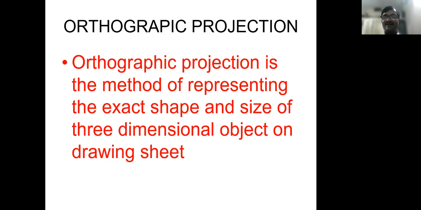In orthographic projection we represent the exact shape and size of the three-dimensional object on a two-dimensional drawing sheet. It is very important and easy to draw also. Some objects are difficult to draw in isometric on the drawing sheet.